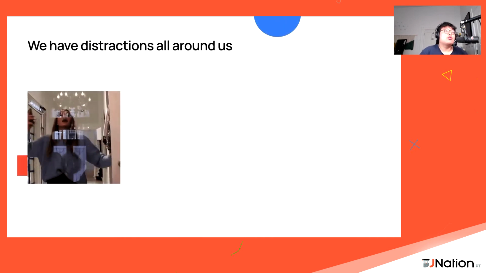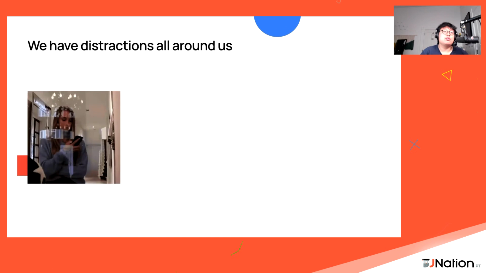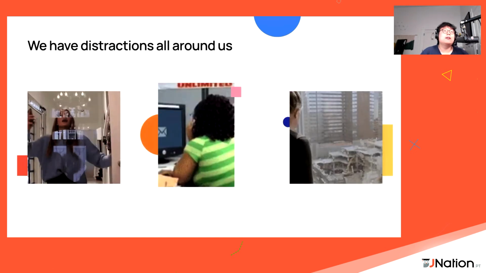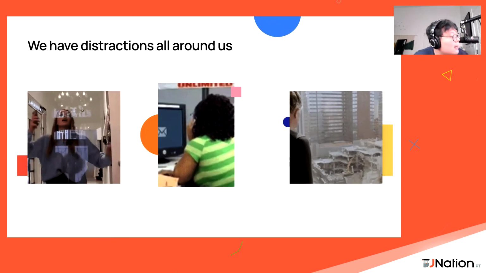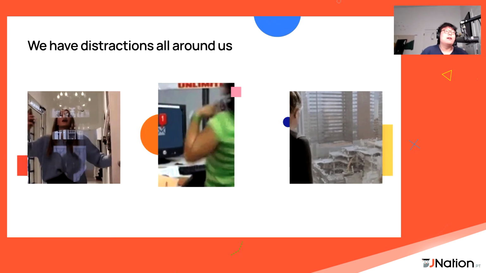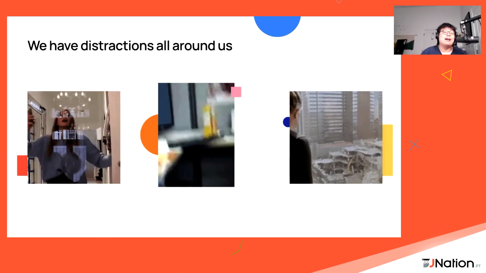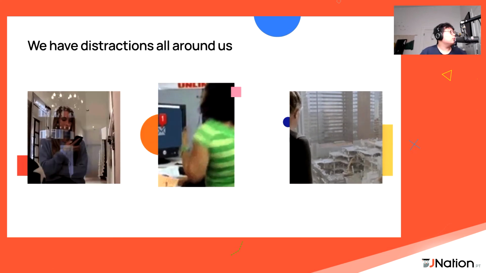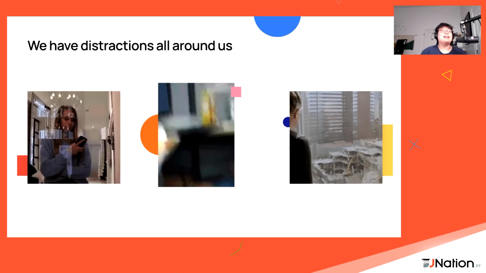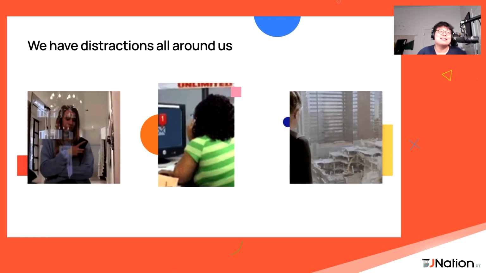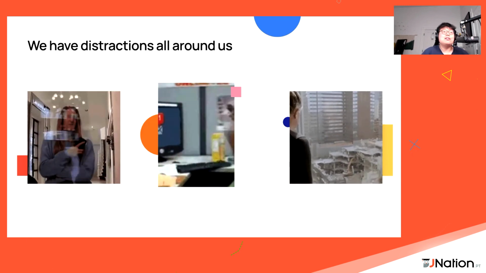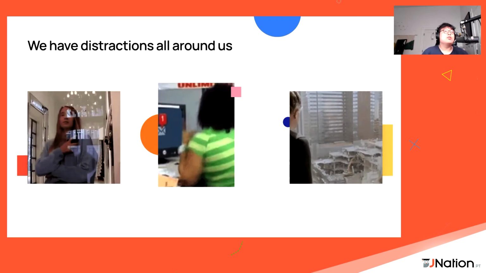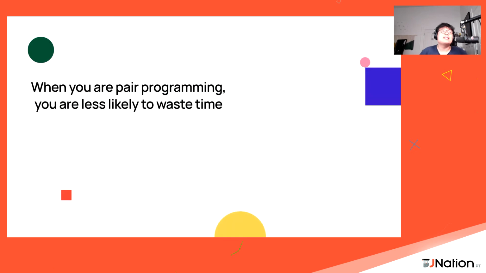We have distractions all around us because we have social media, we have email, we have the bird and the nature outside that's so beautiful. You know, sometimes when I'm working, I'm like, ooh, I wonder what this person is up to, and just check my phone. Or I'm like, ooh, is there an ice cream truck outside? I get distracted on a daily basis. And that leads to less productive lives for us. But when you're pair programming, you're less likely to waste time.